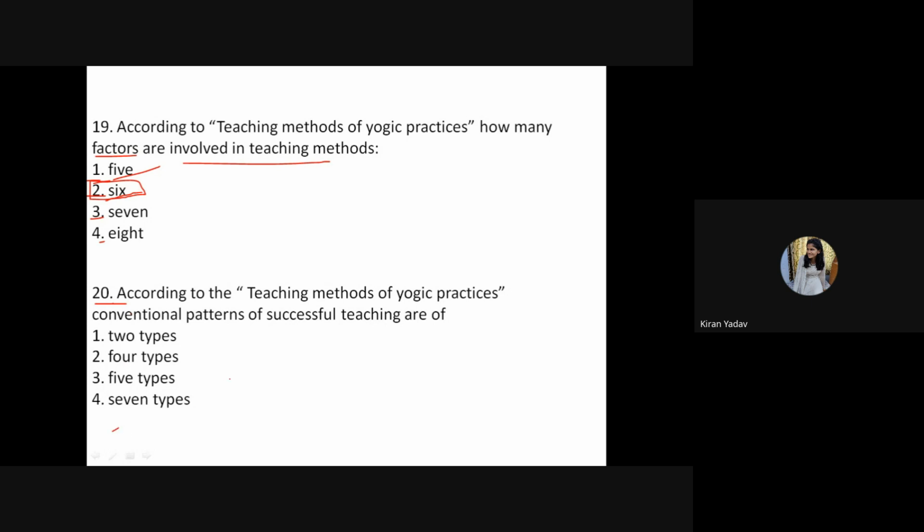Next question: according to the teaching methods of yogic practices, conventional patterns of successful teaching are of 2 types, 4 types, 5 types, 7 types. Ma'am, 7 types. Not sure, but we have a lot of them, that's why I'm saying seven.